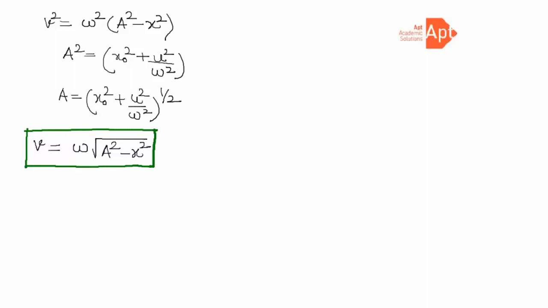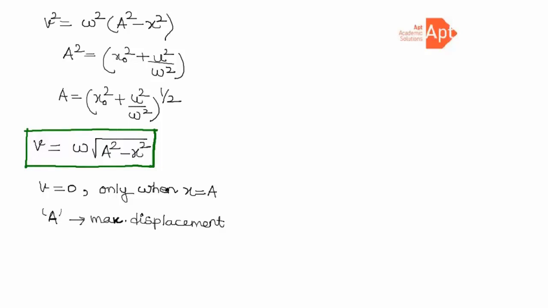Now let's see when the velocity v becomes 0. Velocity v becomes 0 only when x is equal to a. So we can say that a is nothing but the maximum displacement of the particle from its mean position. There is a special term for it.